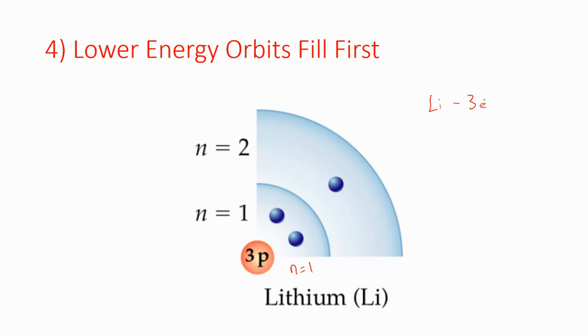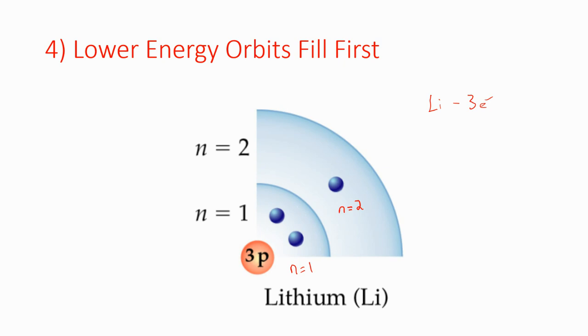And so we see 2 of the 3 lithium electrons in that n equals 1 shell, but we have one left over. That third electron has to go into the second shell because there's no room in the first shell for it.